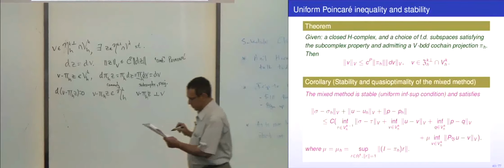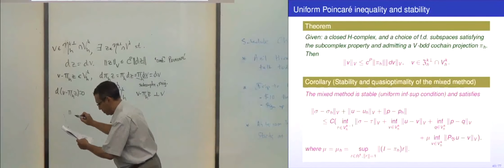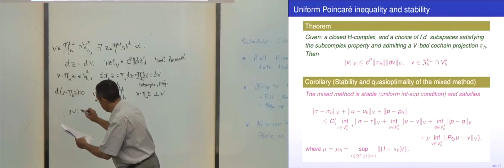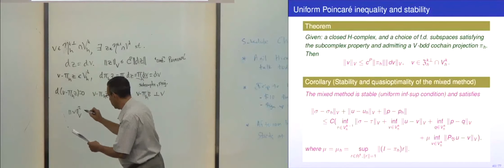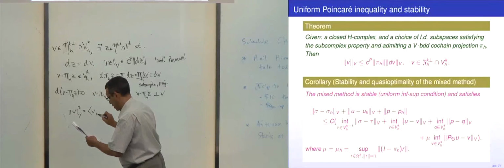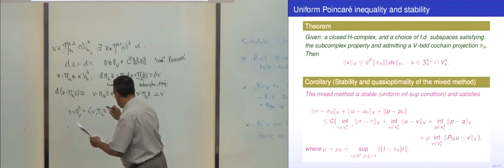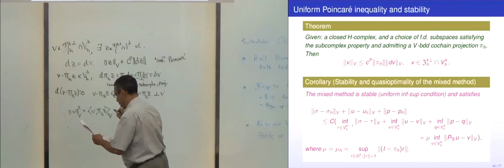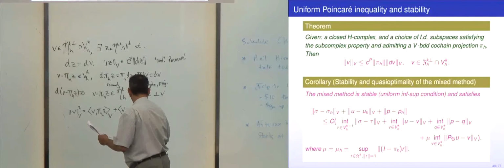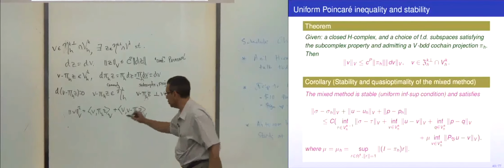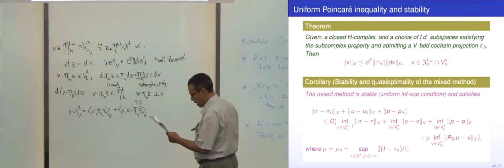So now we do a sort of Pythagoras again. (v, v) is the same as (v, pi^h z) plus (v, v minus pi^h z). And v is orthogonal to v minus pi^h z, so this term goes away. And that's it.